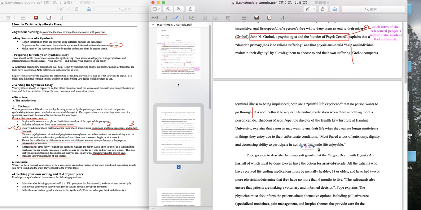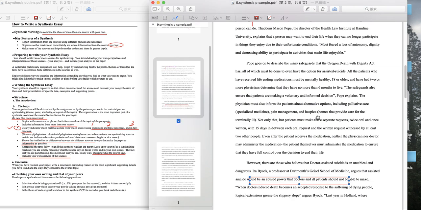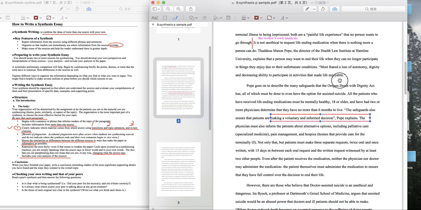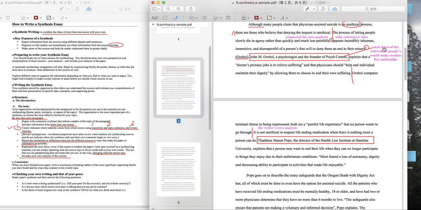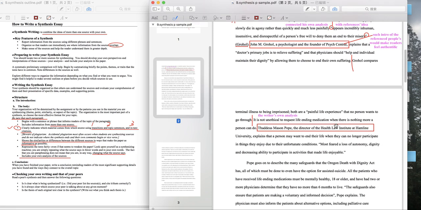This is actually the writer's own analysis. And then this person, the director, did you find it's the same here, right? Correct? This is the introduction of the referenced people, okay? It makes the whole essay more authentic.